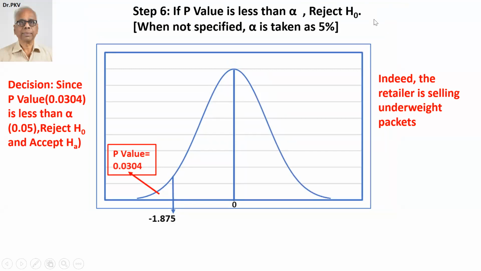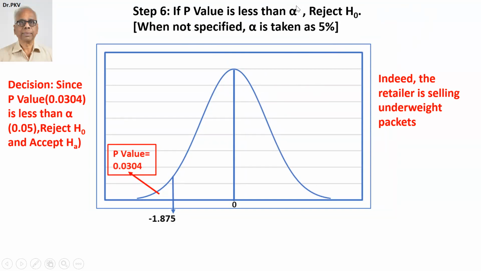If the p-value is less than alpha, reject H0, which means if I reject H0, I accept HA. When alpha is not specified, take it as 5%. Alpha is called the level of significance of the test, which you desire before the start of the test.